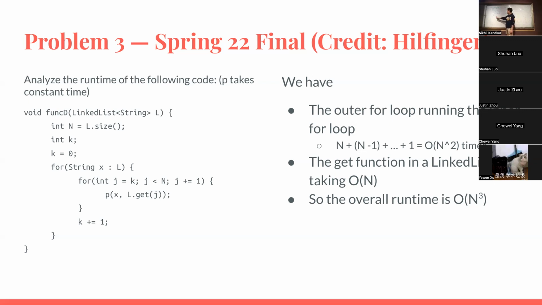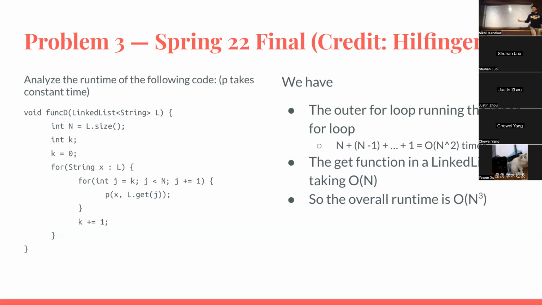Notice how J starts from K and goes to N. So this inner for loop runs N minus K times, or rather, since K gets incremented by 1 at the end of each iteration of the outer loop, it runs N times, then N minus 1 times, then N minus 2 times, and so on until it only runs once.